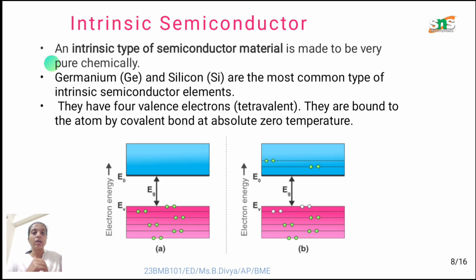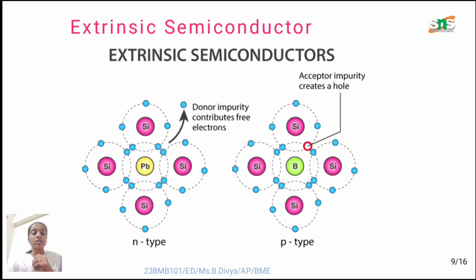Next is the extrinsic semiconductor, where, as I told you already, impurities are added to the pure semiconductor. There are N type and P type semiconductors. In N type, as I told you already, electrons are higher than the holes, whereas in P type the holes are greater than the electrons.